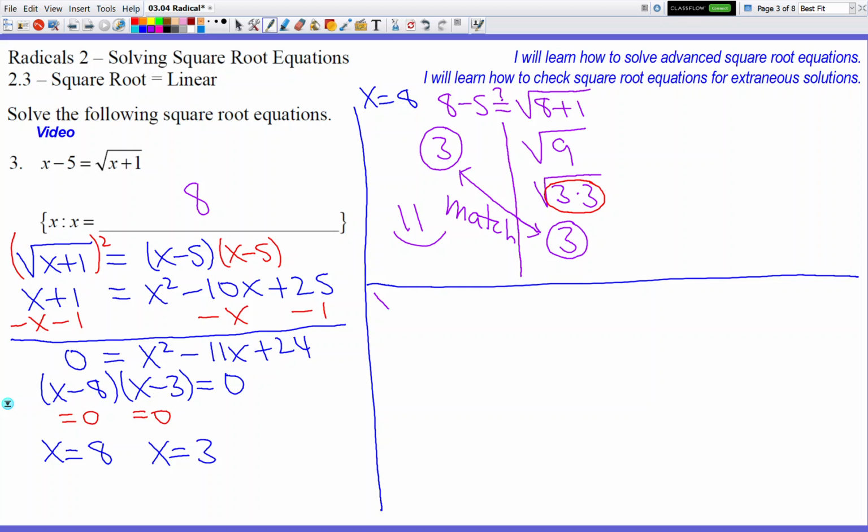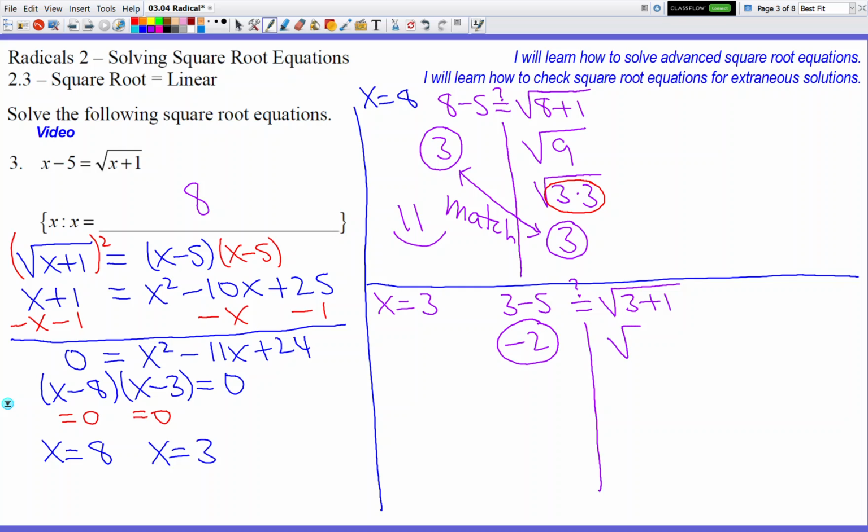Okay, so let's check out x equals 3 now. So plug into your original problem. So what do we got? We got 3 minus 5 equals question mark square root of 3 plus 1. Okay, so left side we get negative 2. That was pretty simple.